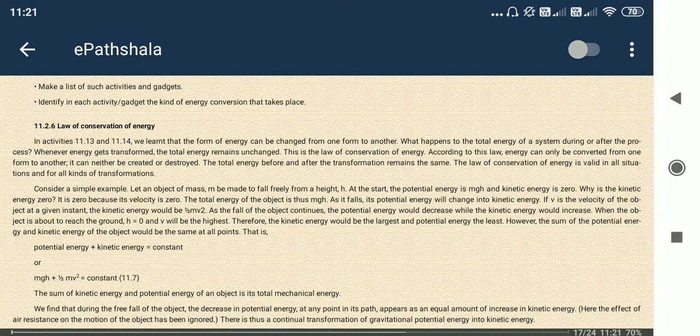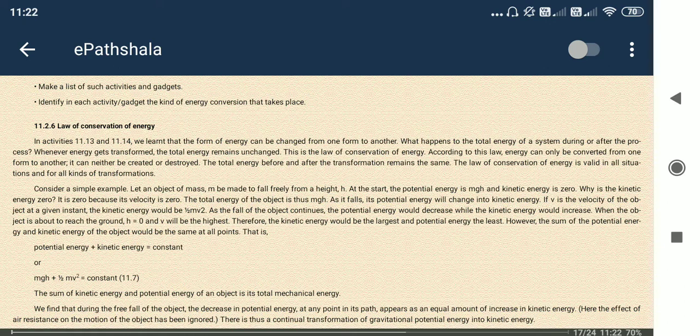It can convert from one form to another. Maybe heat energy was there in some place and then vanished. How? It changed to another energy, maybe kinetic energy or mechanical energy, but it is not destroyed. That's why we say energy is not destroyed or created. It can only change from one form to another.